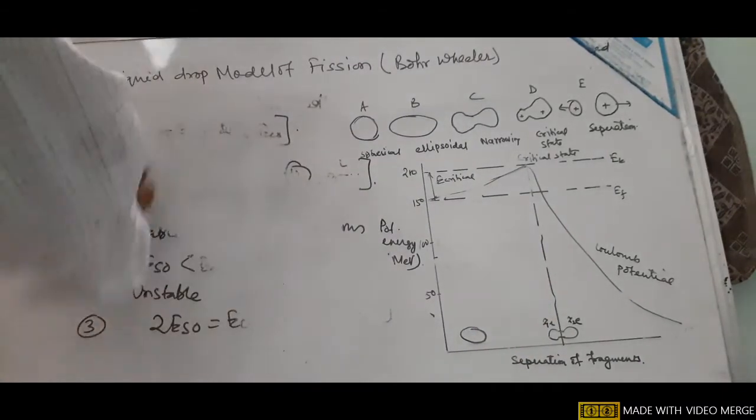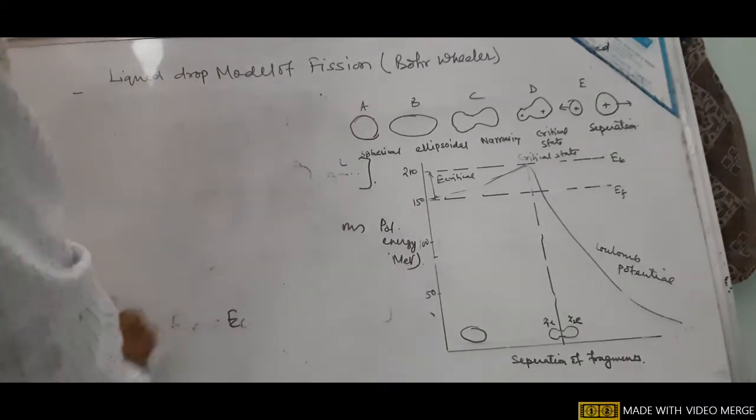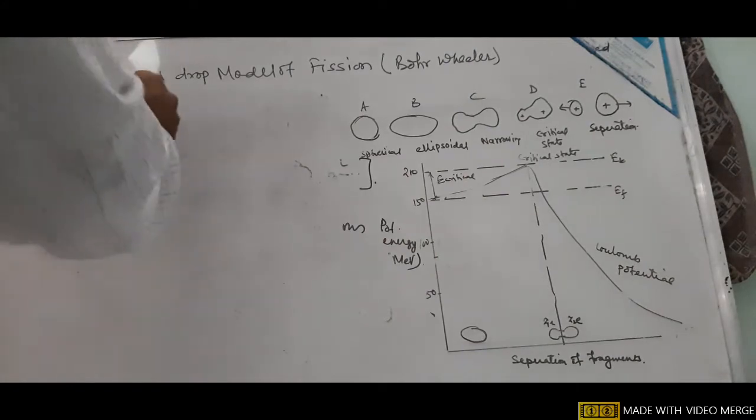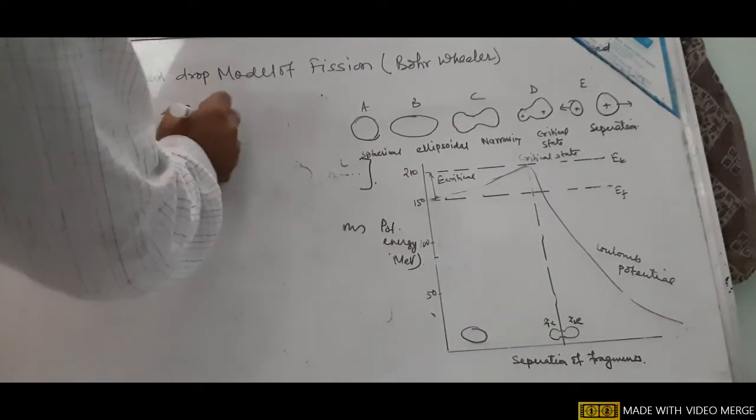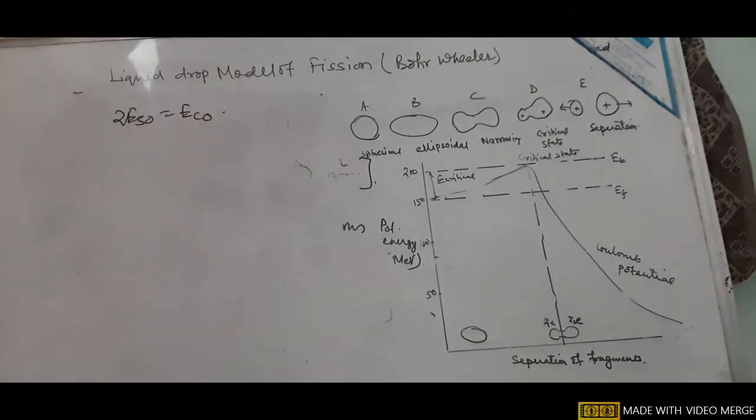So what do we get when 2 ES0 equals EC0, the critical case, when the unstable nucleus gets separated into stable nuclei, where surface energy is equal to Coulomb energy?